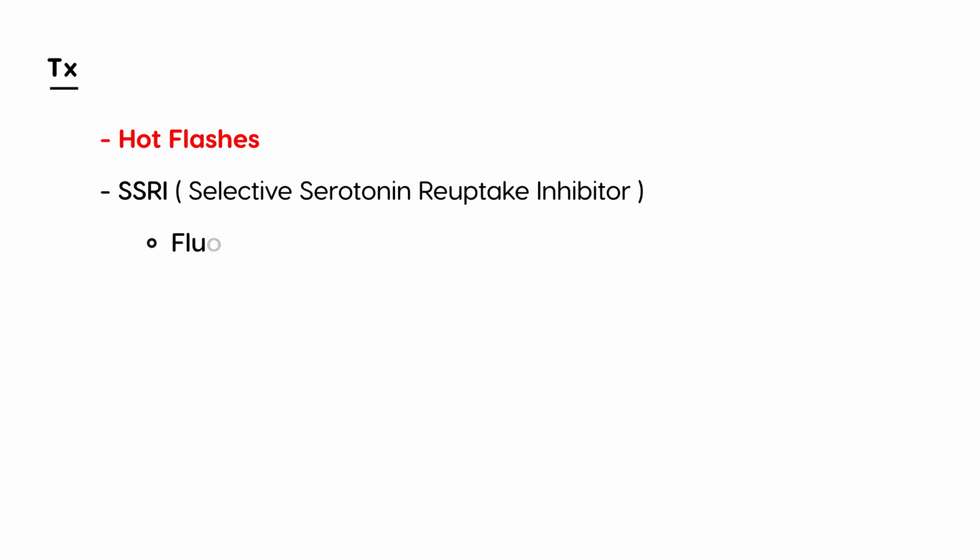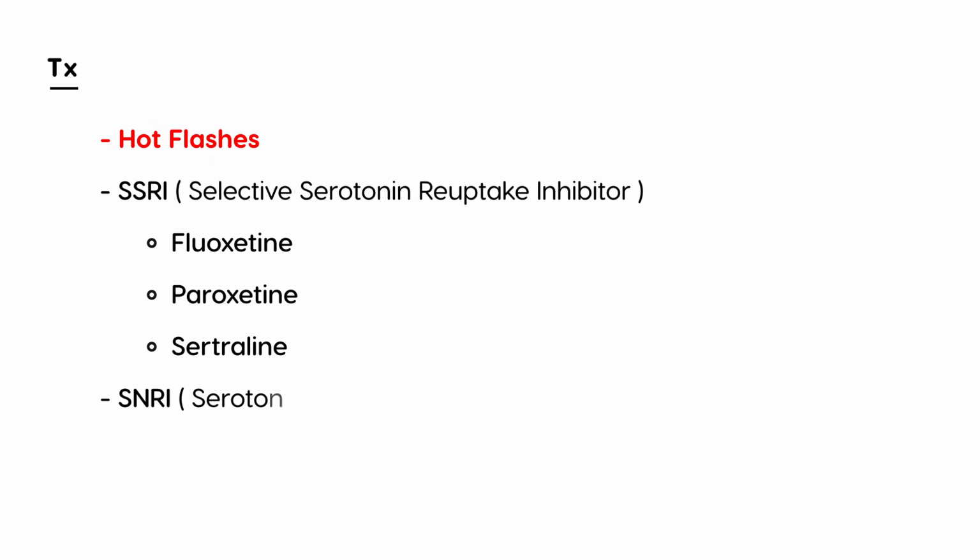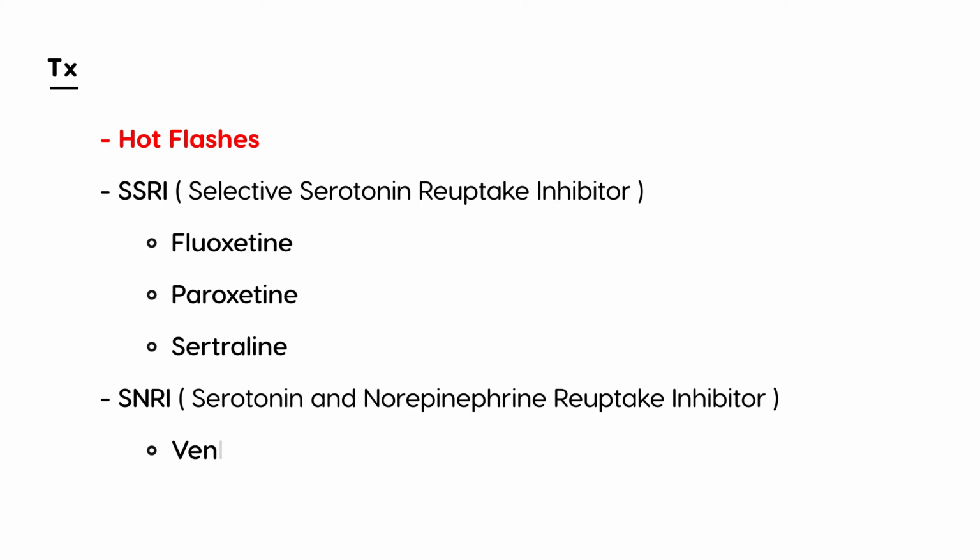There's fluoxetine, paroxetine, and another one called sertraline. They also use SNRIs, which are serotonin norepinephrine reuptake inhibitors. And there's one in particular that's very popular. It's called venlafaxine. Okay, so that's what they use to treat hot flashes.